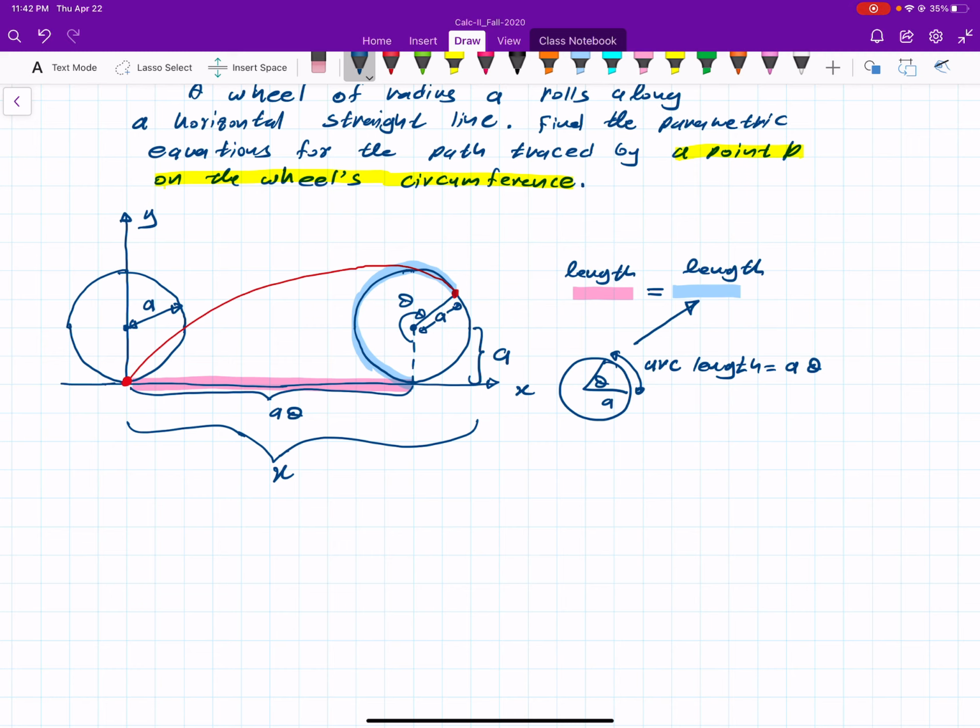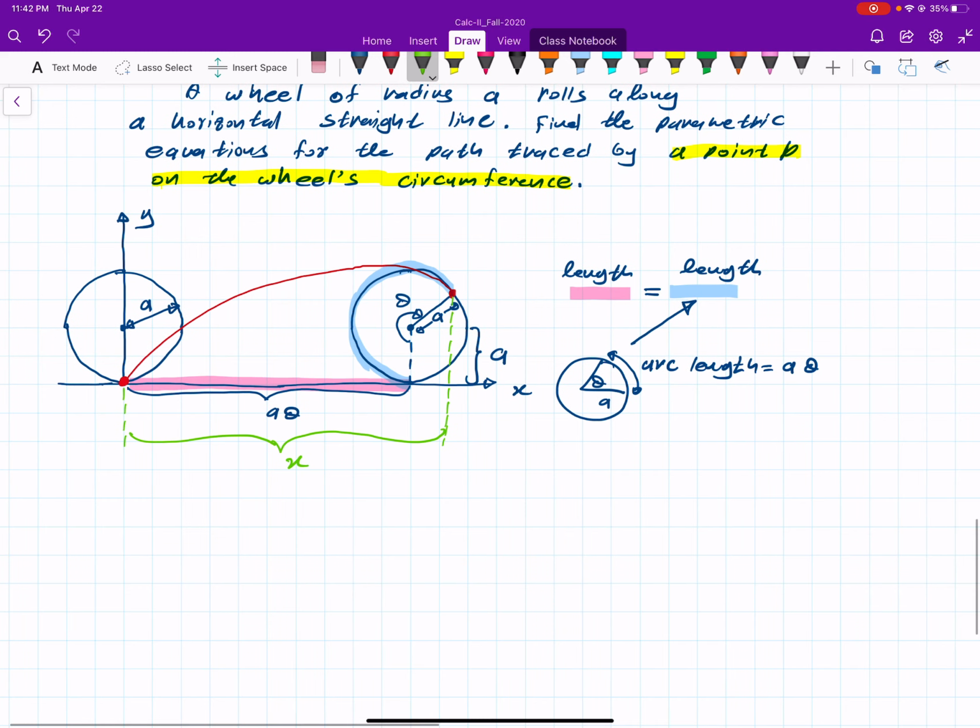I'm sorry, I made a small mistake here. Let me mark with a different color. So it goes like that. So this is the x displacement, which is x, and then the y displacement should be from here to here, which is that.